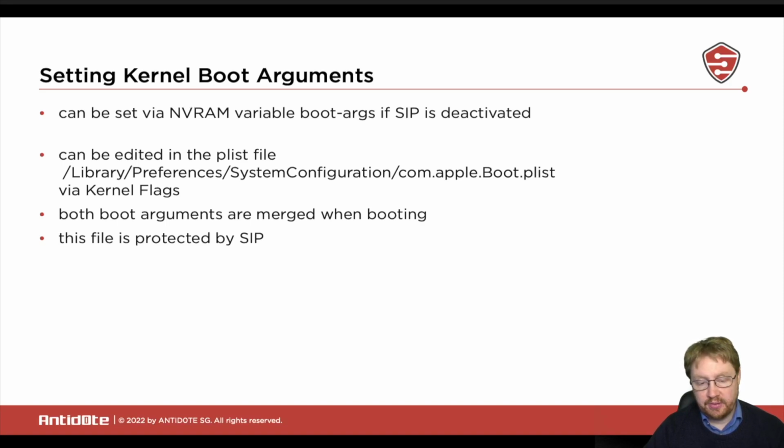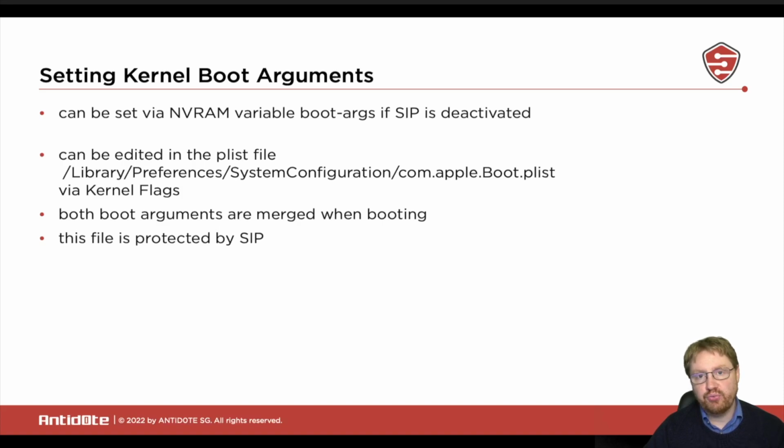There's an alternative way to set kernel boot arguments that does not involve the NVRAM, and that's basically writing a certain file, /Library/Preferences/SystemConfiguration/com.apple.Boot.plist, and there's an entry called kernel flags, and when you modify this you basically also modify the kernel boot arguments.